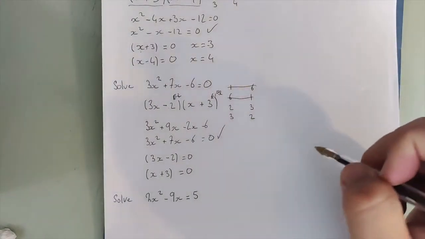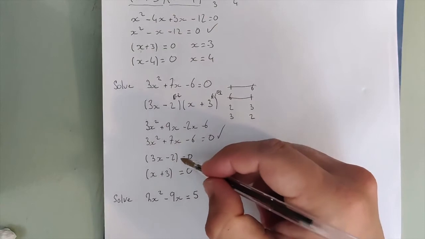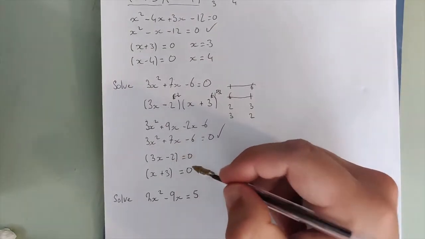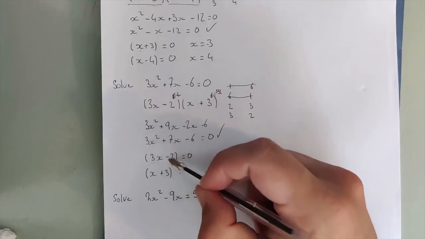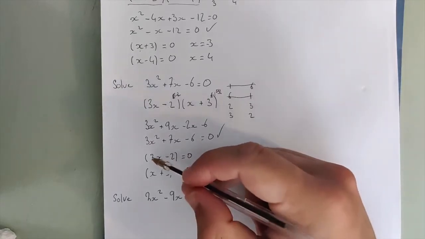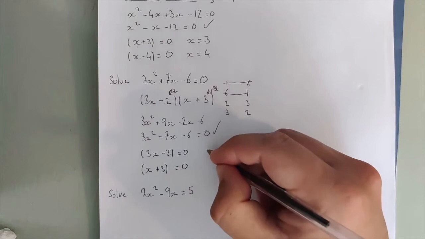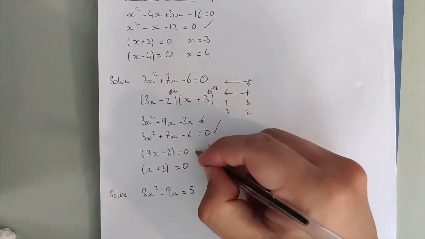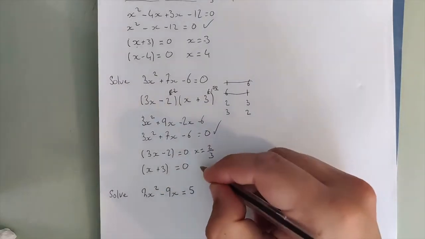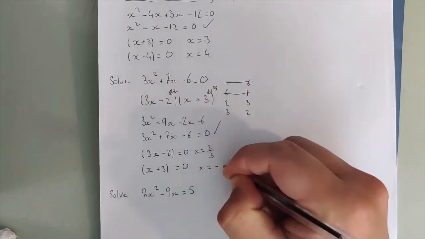I'm sure that made no sense at all. Anyways, when you're looking in the brackets, 3x minus 2 equals 0. Therefore, x equals 2 over 3. And this one, x equals minus 3.